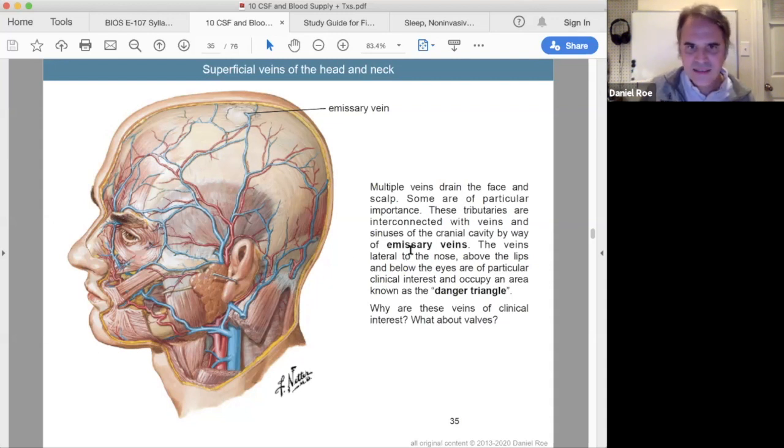And so we're going to see this, maybe you've heard of this concept of the danger triangle, this part of your face. There are cases where people had a pimple over here, worst pimple ever, like a comedy skit, and they pinch the pimple, and it drives the infection into a vein, and it ends up going through an emissary vein.